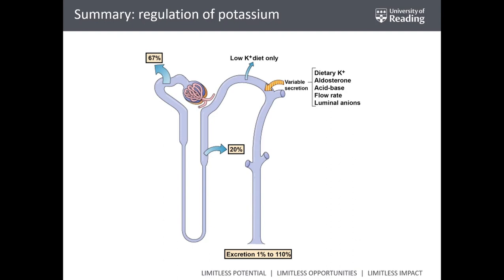In the proximal convoluted tubule, low potassium diet leads to the reabsorption of potassium, while in the late distal convoluted tubule and collecting duct in the principal cells, high dietary potassium, aldosterone, acid base, flow rate, and luminal anions will lead to variable secretion of potassium via the modulation of the sodium potassium pump on the basolateral membrane and the selective presence of leak channels for potassium on the apical membrane.